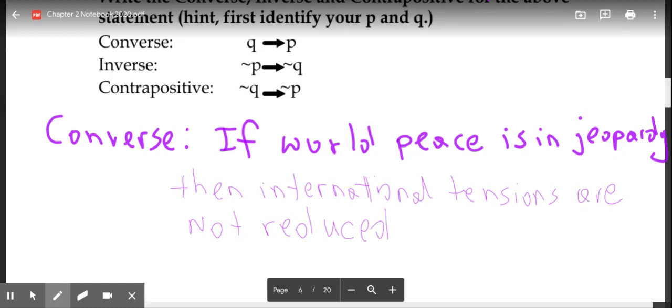Okay, so let me just say it again. If world peace is in jeopardy, then international tensions are not reduced. So that's how you form a converse.